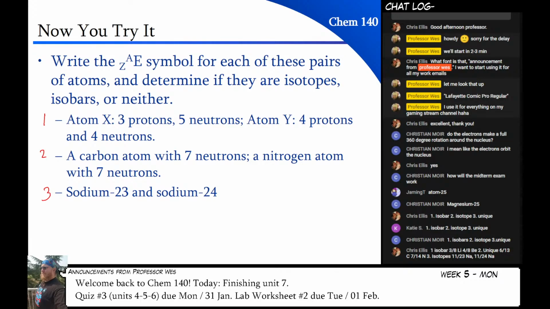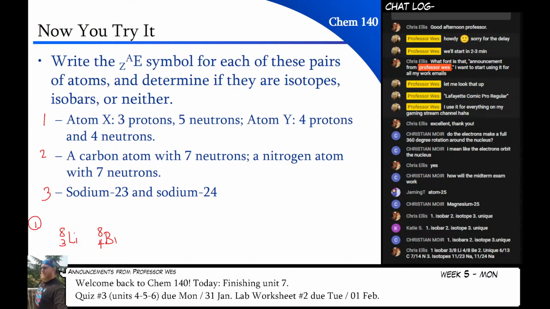All right, let's go over the solution here. For number 1, I have atom X, which is 3 protons. So we'll call this 1. 3 protons and 5 neutrons. So that looked like this. The third element is lithium. And then atom 4 is 4 protons and 4 neutrons, so total of 8.